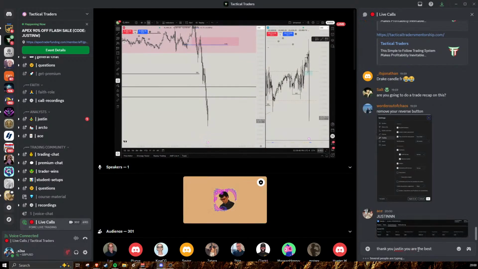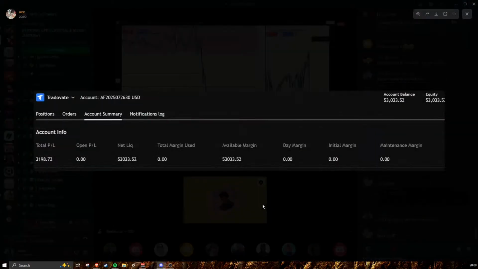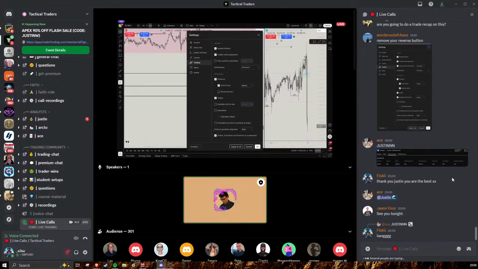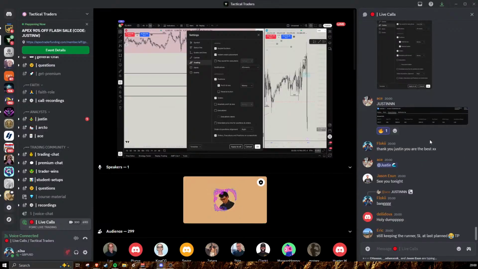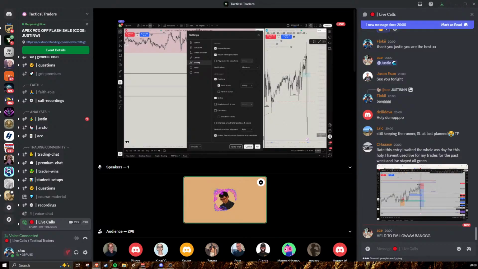Remove your reverse button. Okay, how do I do this? Trading. Okay, dude. Extended orders. I literally don't even have the reverse button on, so I don't know how I did it.